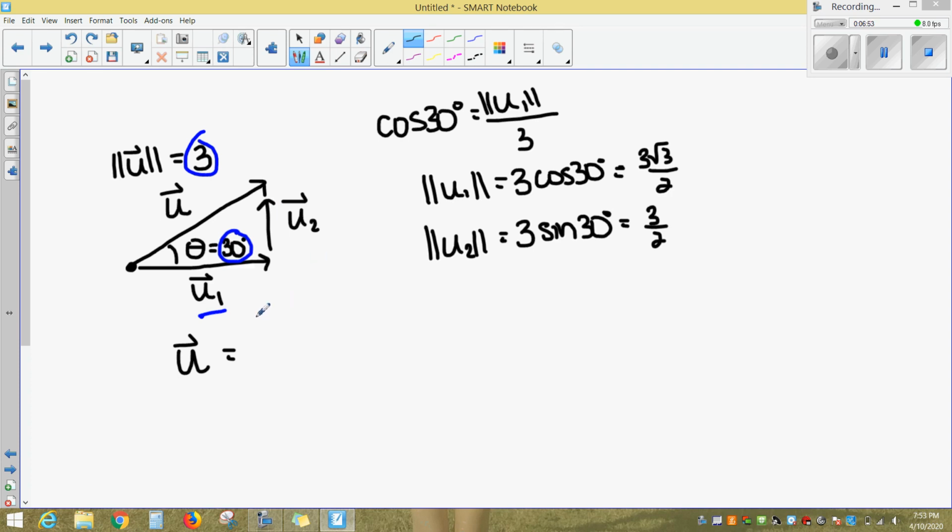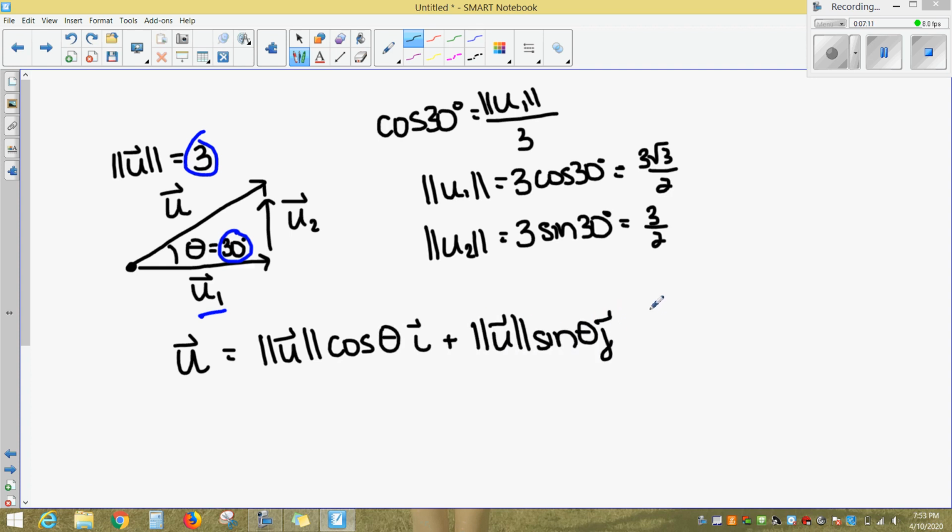I can write it as the magnitude of u times cosine theta, I'm just going to be generic there, times i, plus the magnitude of u times sine theta in the j direction. So we said 3 cosine 30 degrees, or 3 square root of 3 over 2 i, plus 3/2 j is going to be our u.